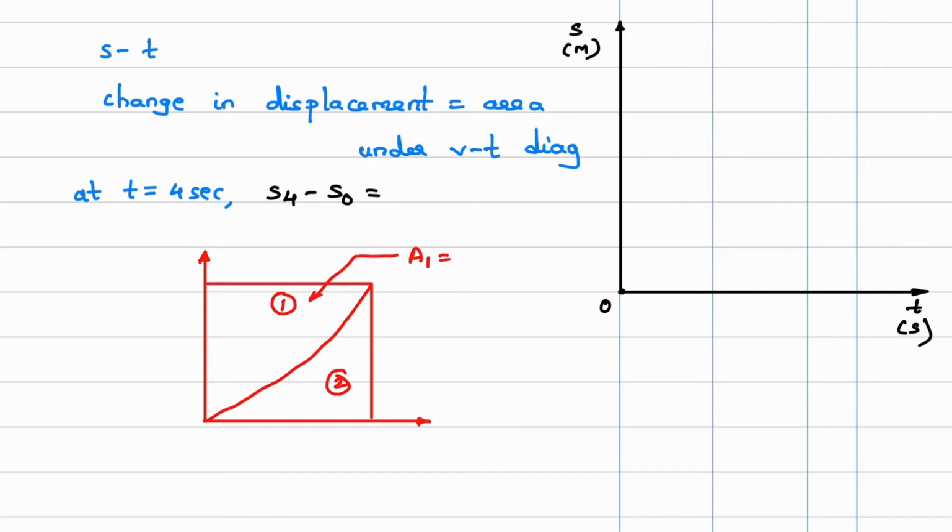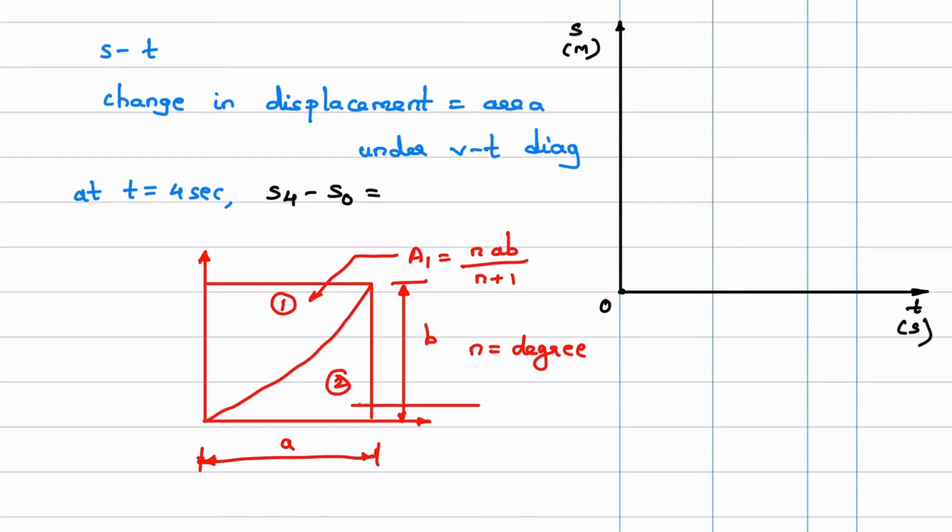Suppose this distance is A and this distance is B. So the A1 area will be N into AB divided by N plus 1, where N is the degree. And A2 is equal to AB upon N plus 1.